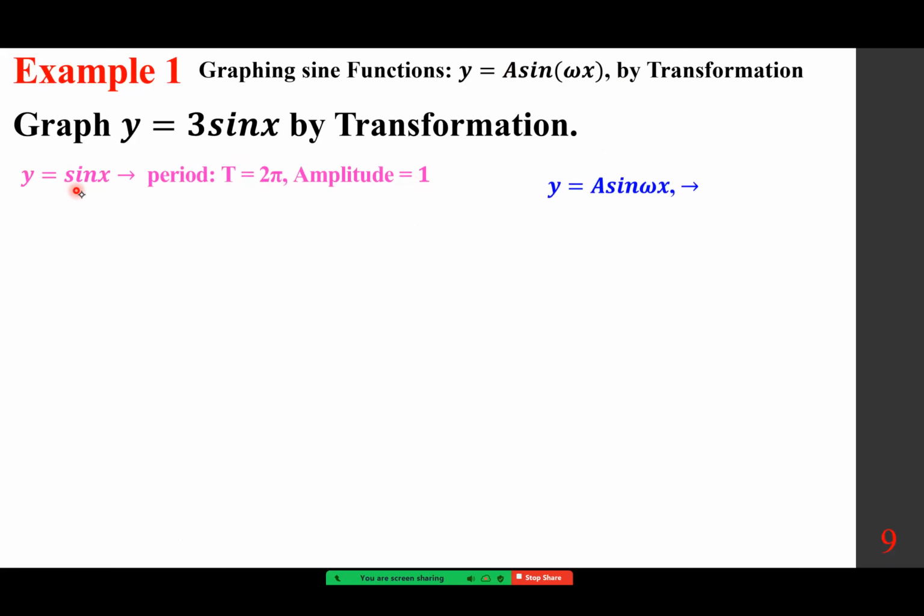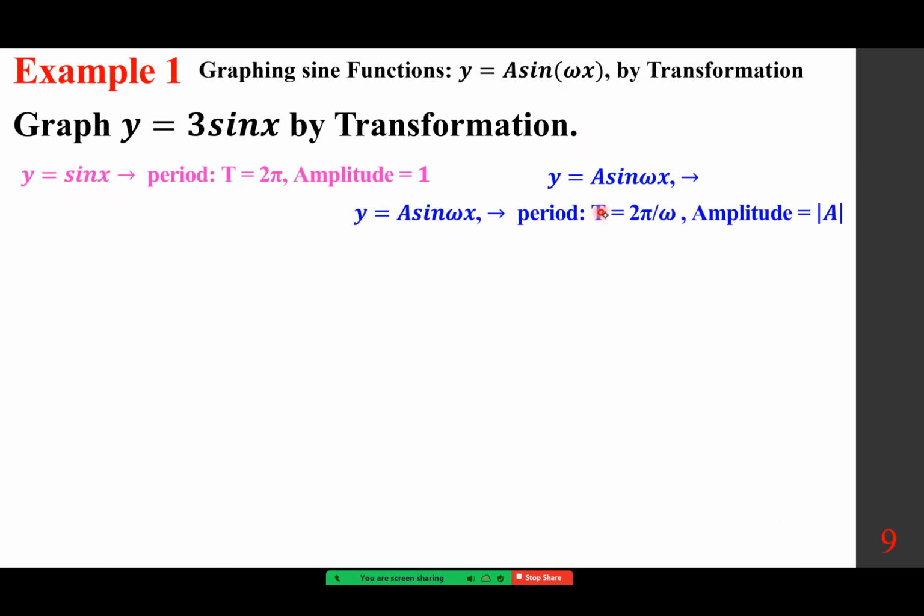What happens if we have y equals a sine omega x? Now the period is T equals 2 pi divided by omega, and the amplitude, which was 1 here, is the absolute value of a.